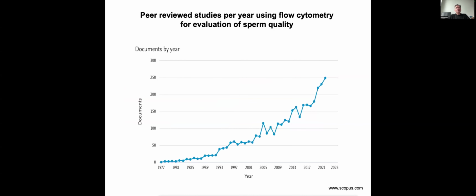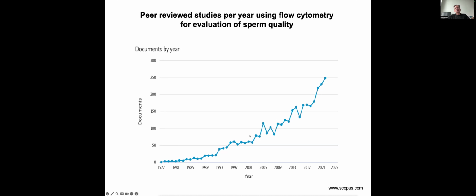And there's a tremendous increase in using this technique. Flow cytometry was originally mostly used by immunologists and people working in other clinical fields, but for about 25 years there has been a tremendous increase of using this system in spermatology.